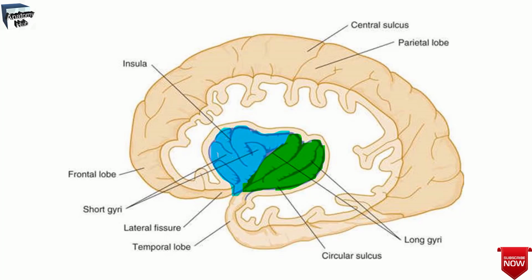And this actually is the insular lobe. Here you'll find this lateral surface of your cerebral hemisphere. Here you'll find the short gyri, and here you'll find the long gyri. And these short and long gyri are actually involved in the sensation of your taste.